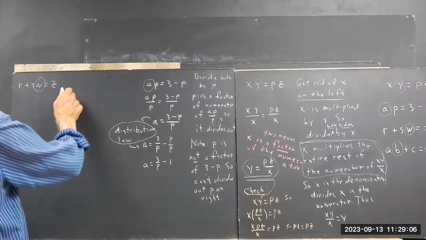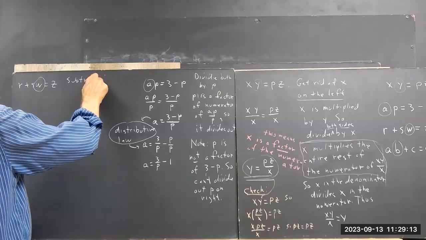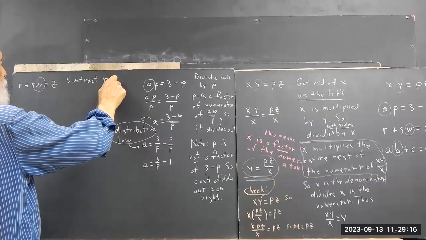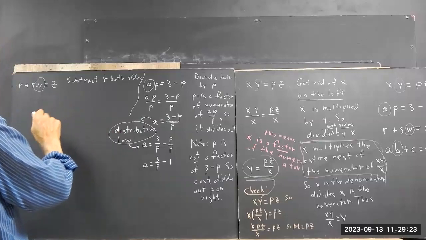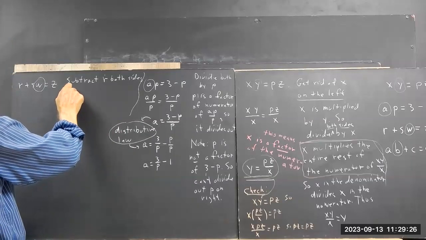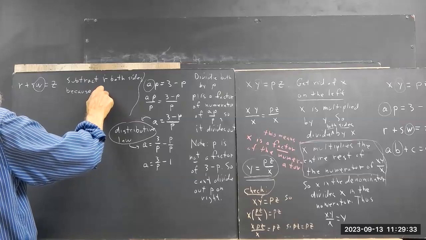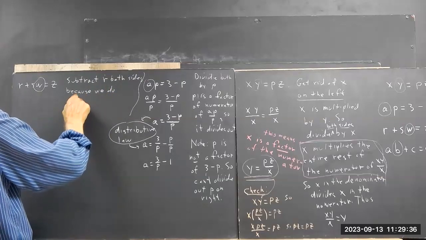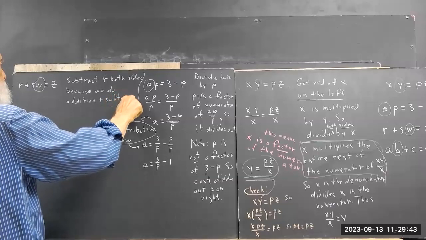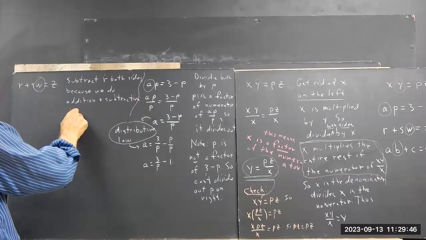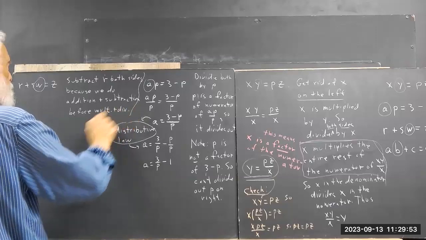So, subtract R from both sides. Do addition and subtraction before multiplication and division.